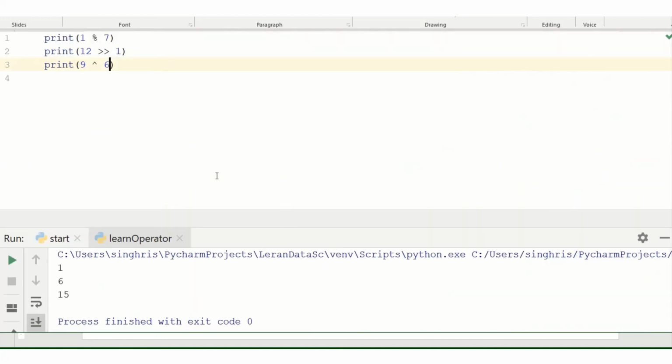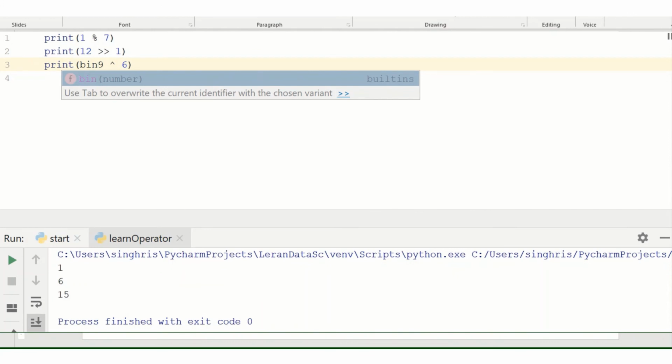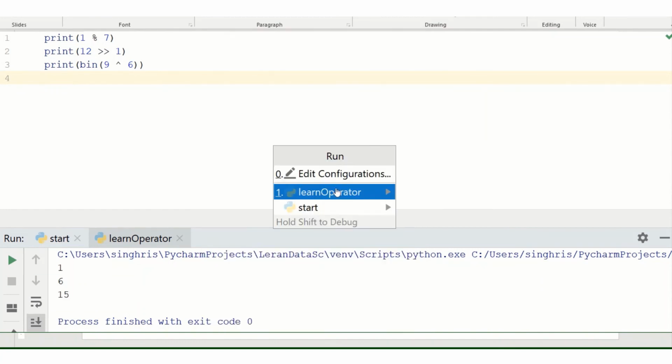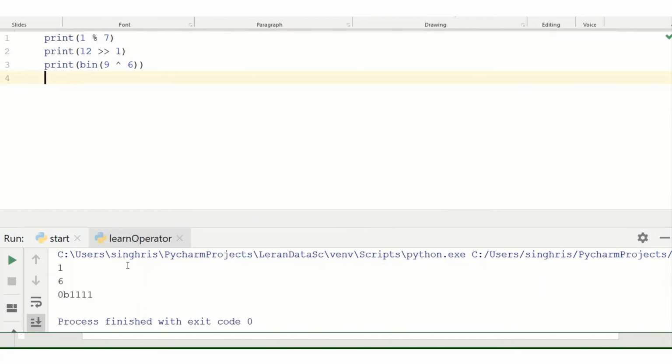I will show you this also. If I write bin here, with brackets, you will get the binary number. You see 0b1111, right? This b is indicating that this is a binary number. This is just a notation.